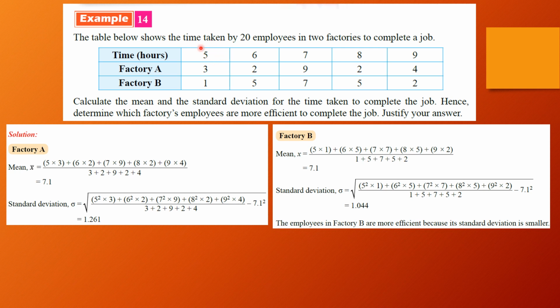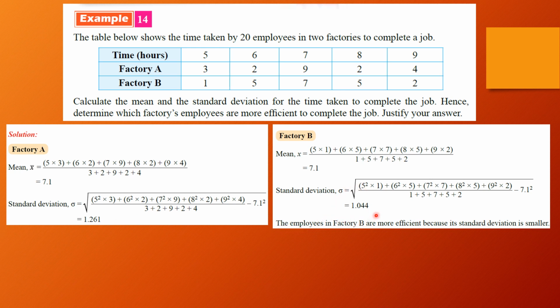So 5 squared multiplied by 1, plus 6 squared multiplied by 5, then 7 squared multiplied by 7, then 8 squared multiplied by 5, then 9 squared multiplied by 2. Add all these values, then divide by total employees, that is 20, minus mean squared. So the standard deviation of factory B will be 1.044, smaller than the standard deviation of factory A.